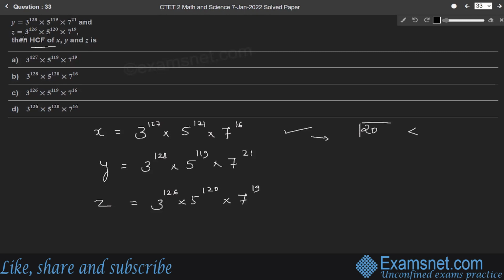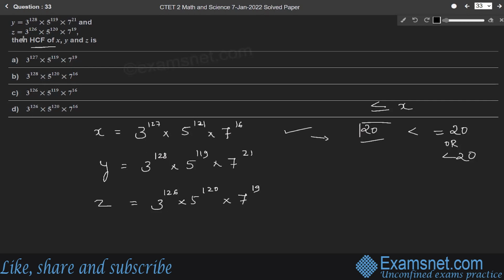So the factors of x are x itself and numbers less than x, that is, less than or equal to x.